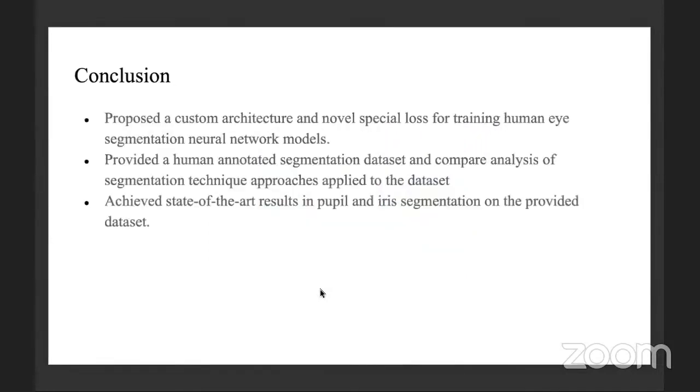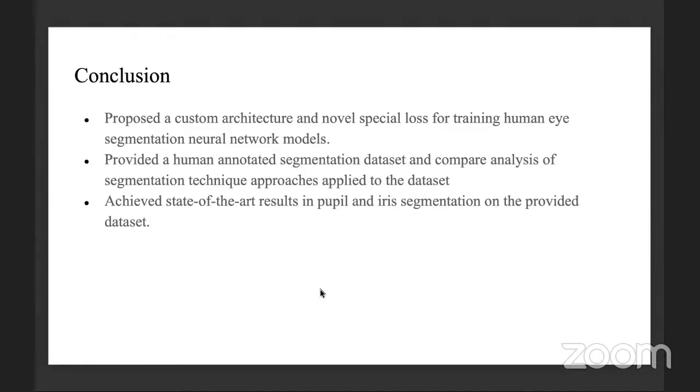So the conclusion here is that we are releasing the data set of pupil and iris segmentation, the markup, and we have proposed a custom architecture for this specific task, which has shown the best results for our data set.